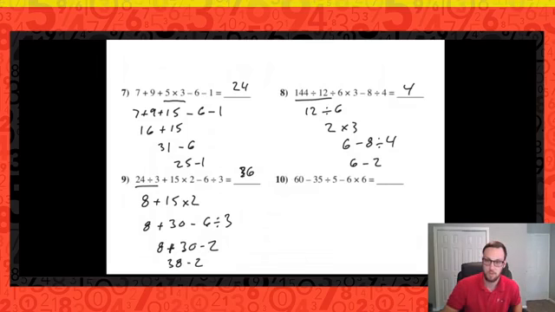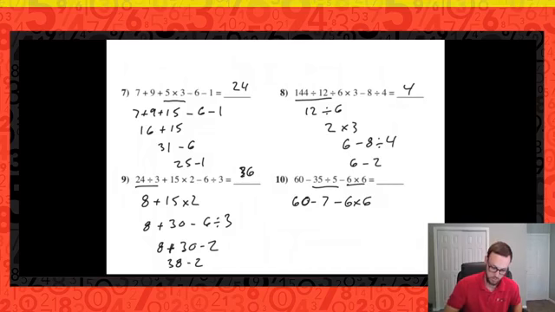Last one, number 10. I have division first. 35 divided by 5 is 7. Let's do my multiplication now. 6 times 6 is 36.